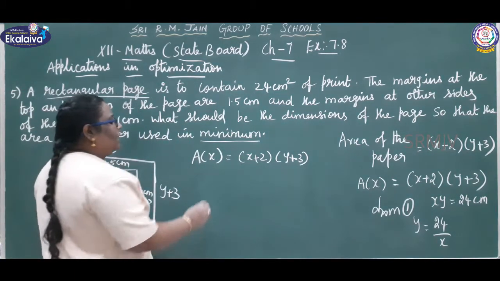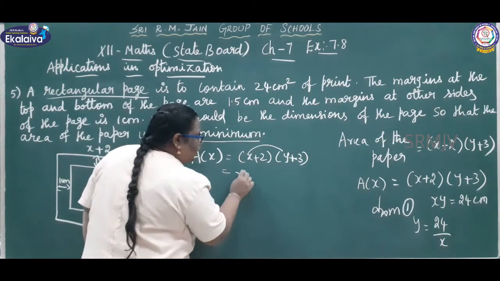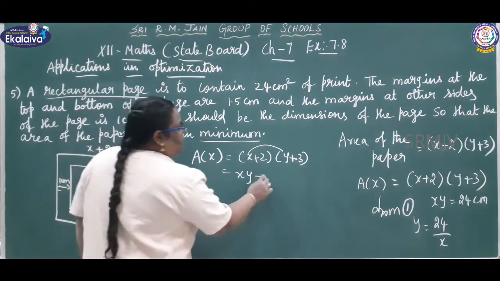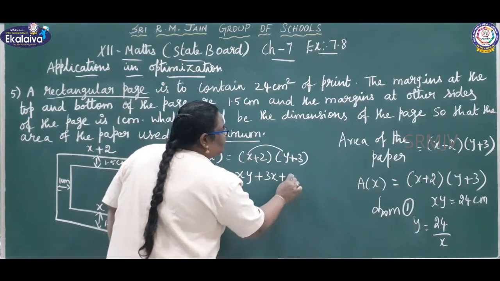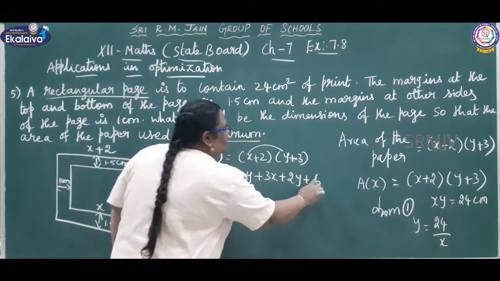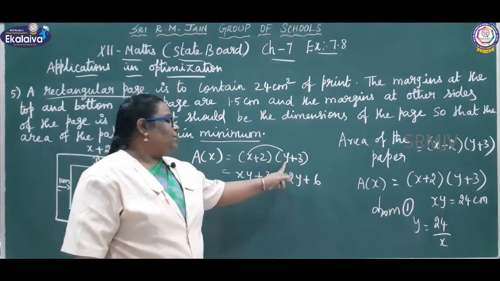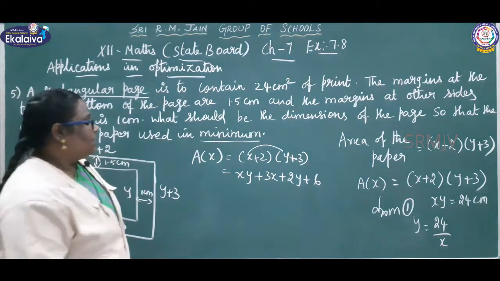You multiply: xy plus 3x plus 2y plus 6.